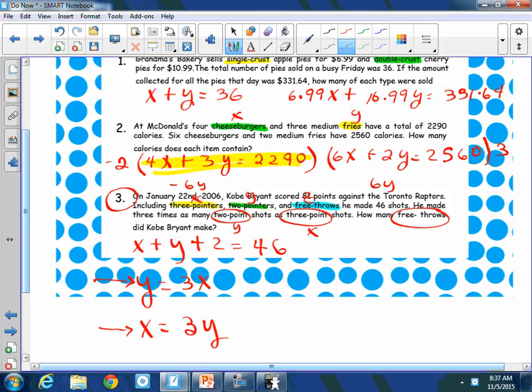Remember, this condition has to happen: he made 3 times as many 2-point shots as 3-point shots. It will only happen with one of them, not both.